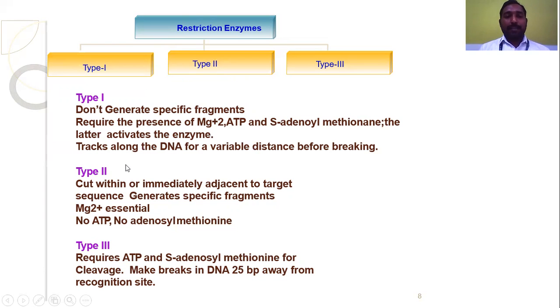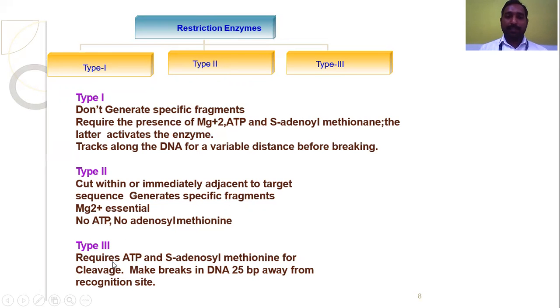This type 2 restriction endonuclease recognizes the specific sequence with the help of magnesium 2+ ions, and it doesn't need ATP or S-adenosyl methionine for activating the enzyme. So only one component is needed for activating the type 2 enzyme, that is the magnesium 2+ ions.